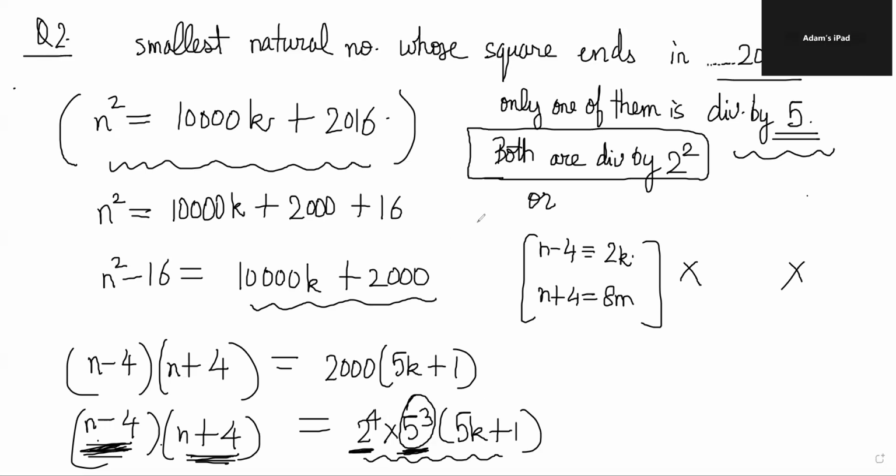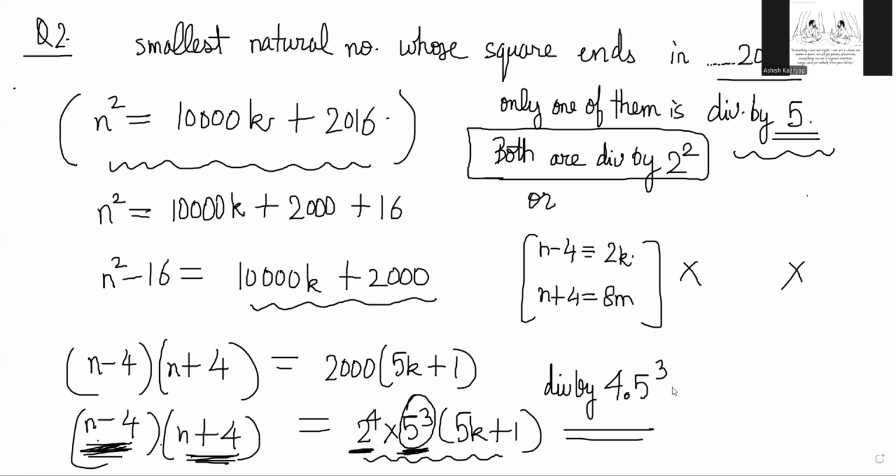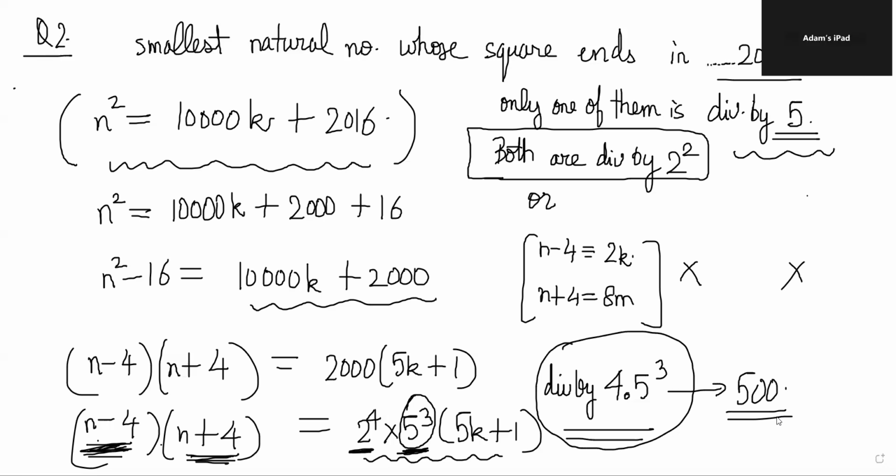So one of the numbers must be divisible by 4 into 5 cube, because the other number cannot have 5. So one of the numbers is divisible by 500 actually. We don't know which one, so we can say that the numbers are 500m plus minus 4, right?